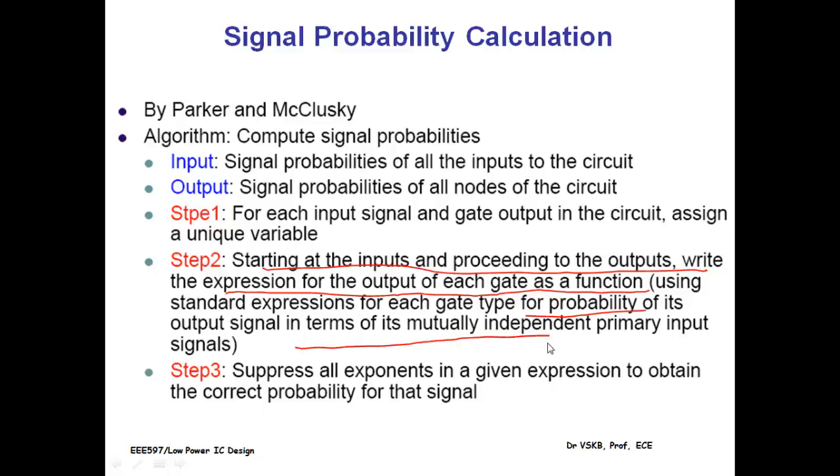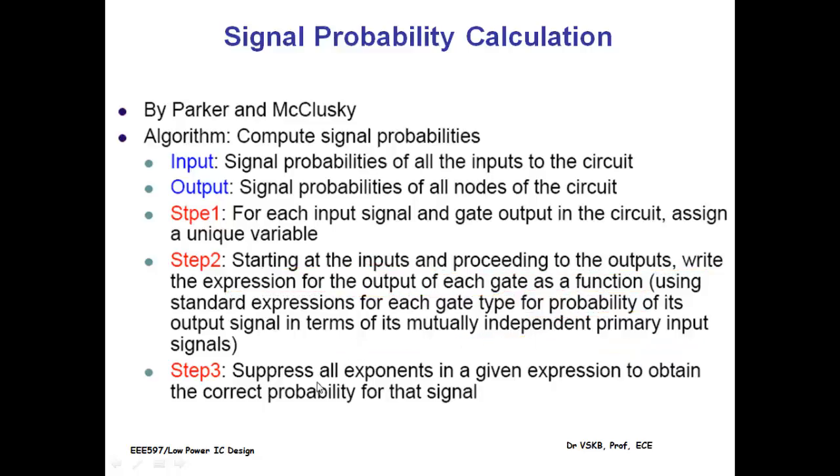You will assume they are mutually independent primary input signals only, because we are considering a memory-less model, naturally strict sense stationary, mean ergodic, and therefore we are not having one data to be in any way correlated to the next data.